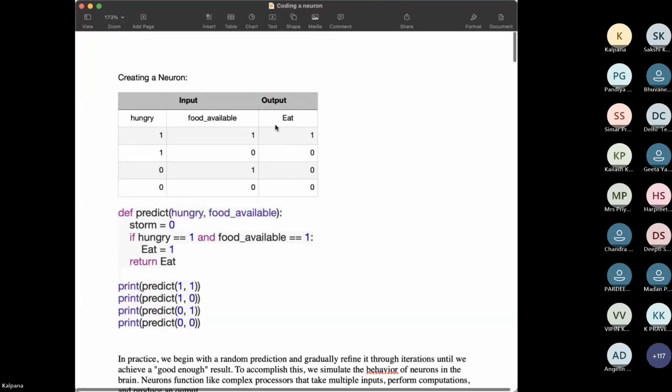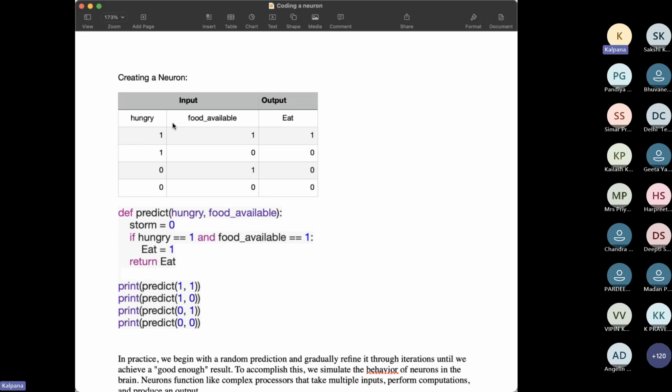Yes, ma'am. Okay. So what we are trying to do is, if a person is hungry and food is available, these are the two fields which are input. So this is the input data.